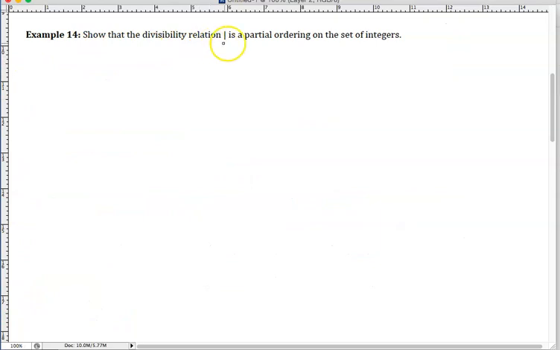Now let's look at the divisibility relation. We visited this a couple of times. These are pairs of points such that a divides b, so the first number divides the second number.